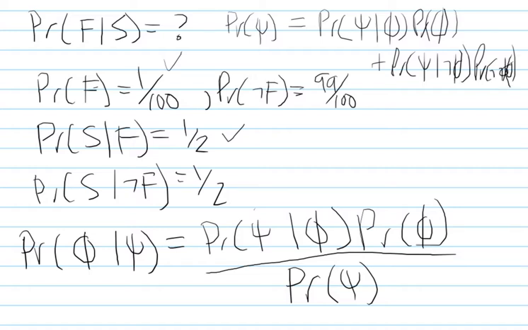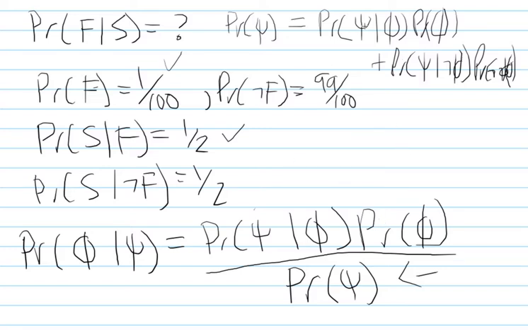Excuse the terrible writing there. Okay, so this is the law of total probability. And so given this law, we can substitute this complicated thing into the denominator. And that gives us the long, or the full, Bayes' theorem.